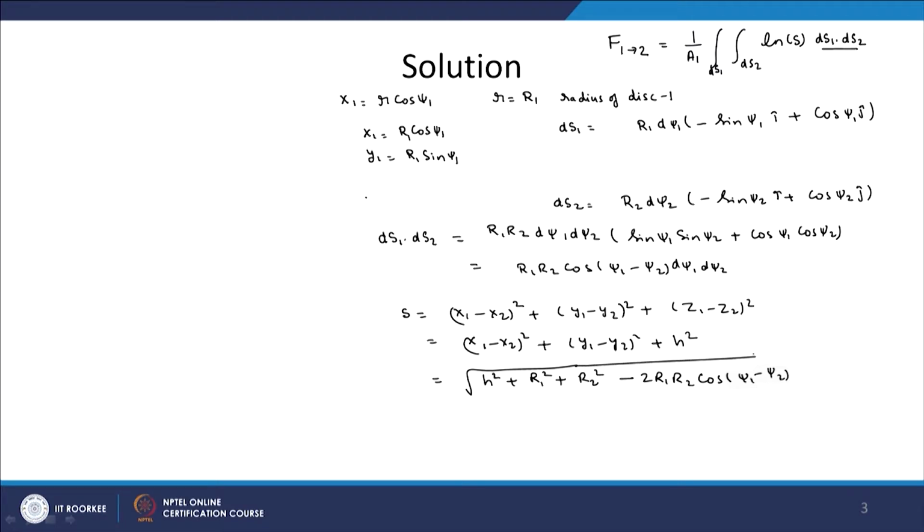So, this is going to be the distance between two points of the two disks: any point on disk 1 and any point on disk 2 separated by a distance s will have the value s equal to root of h square plus r1 square plus r2 square minus 2 r1 r2 cos psi.